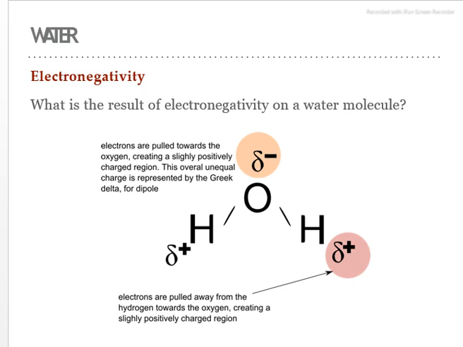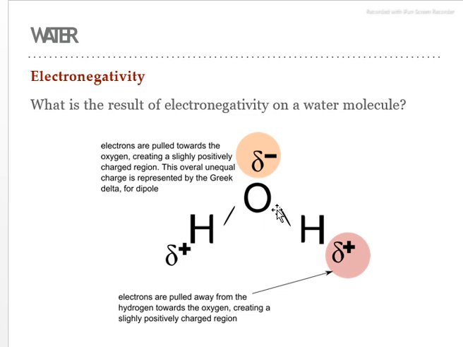So what is the result of electronegativity on a water molecule? In the case of a water molecule we have 2 kinds of atoms, oxygen and hydrogen. Electrons are pulled towards the oxygen, creating a slightly positively charged region towards the hydrogen.